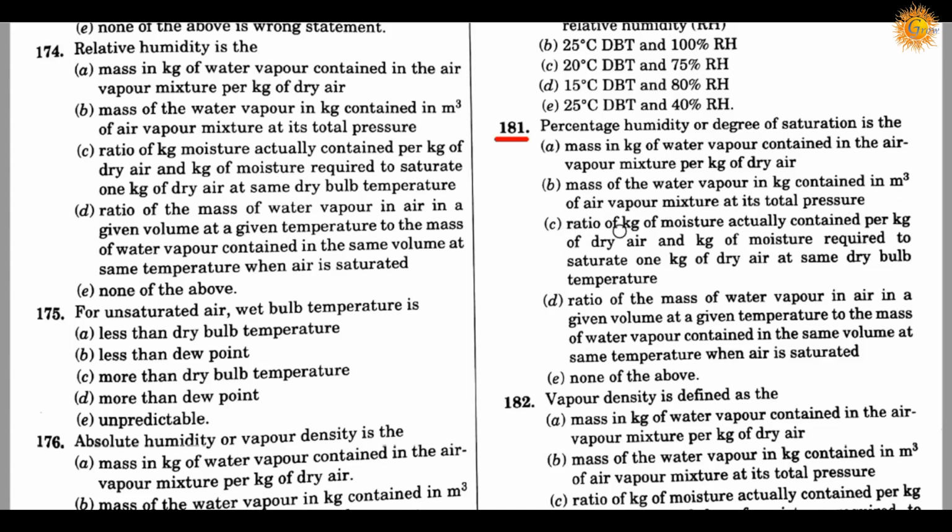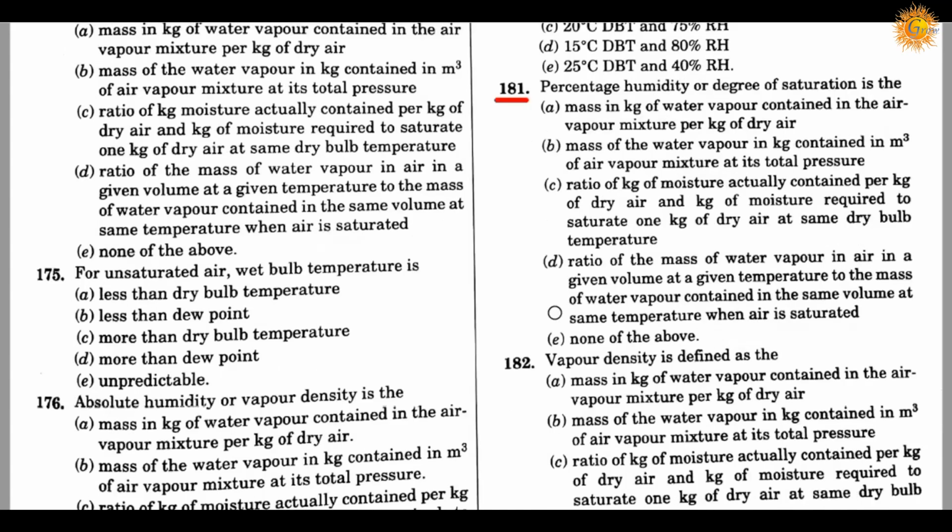Option C, ratio of kilogram of moisture actually contained per kilogram of dry air and kilogram of moisture required to saturate 1 kg of dry air at the same dry bulb temperature. Option D, ratio of the mass of water vapor in air in a given volume at a given temperature to the mass of water vapor contained in the same volume at the same temperature when air is saturated. Option E, none of the above. So the correct answer is C.